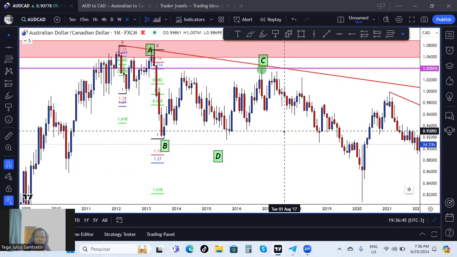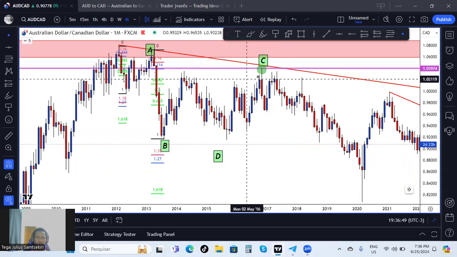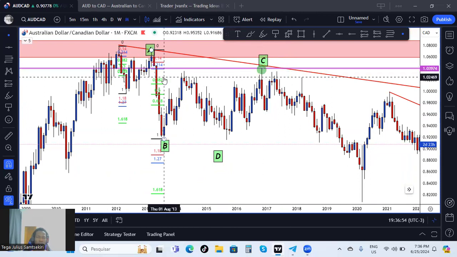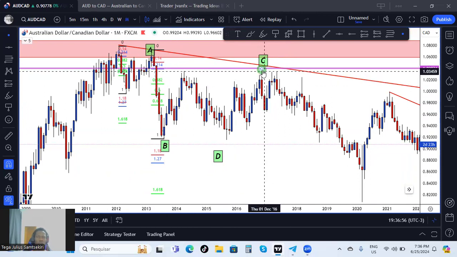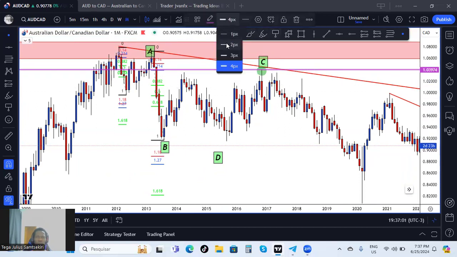So where is going to be the D extension of this Fibonacci? For us to find the D extension, we have to look at if this is the high. Okay, let me make this easier.